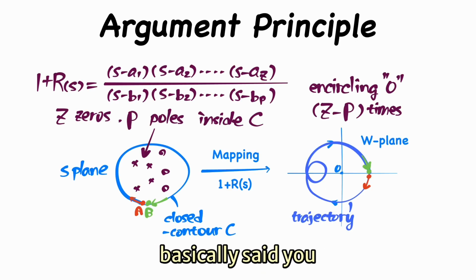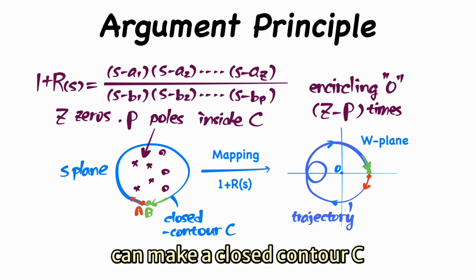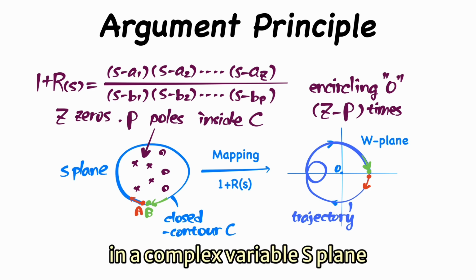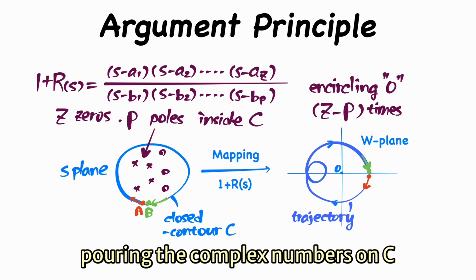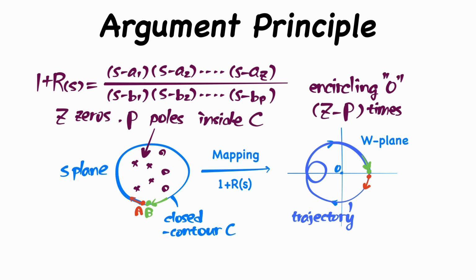The argument principle basically says you can make a closed contour C in a complex variable S plane and start pouring the complex numbers on C clockwise into the 1 plus R function of S, which creates a mapping trajectory on the W plane.